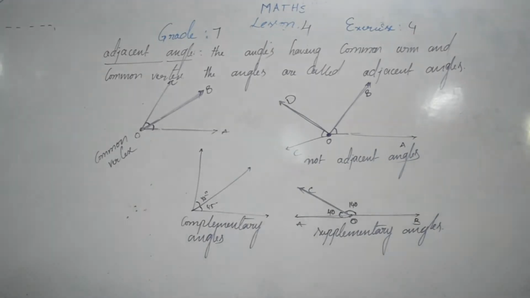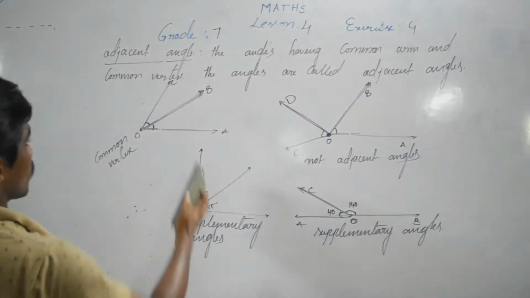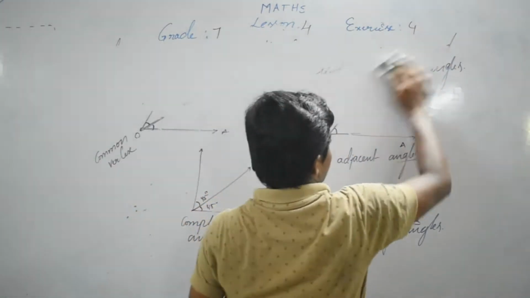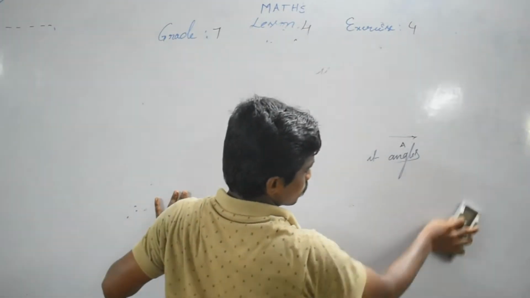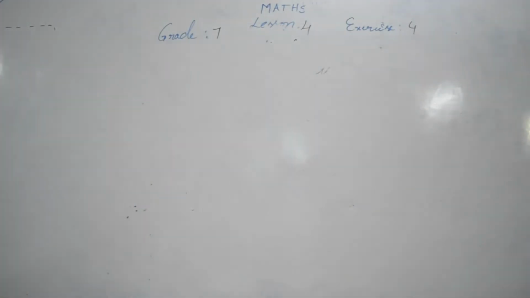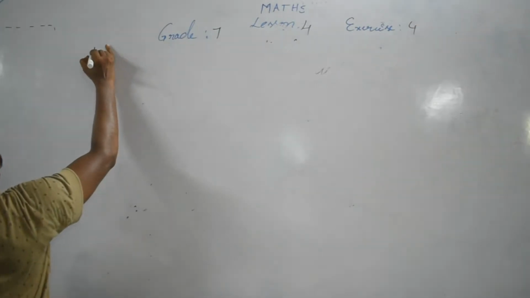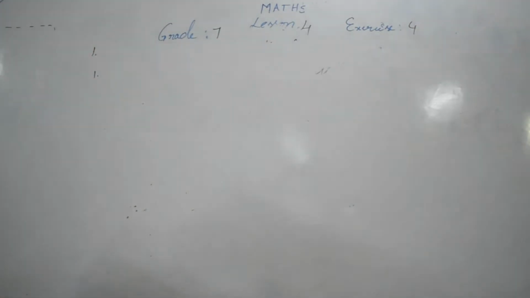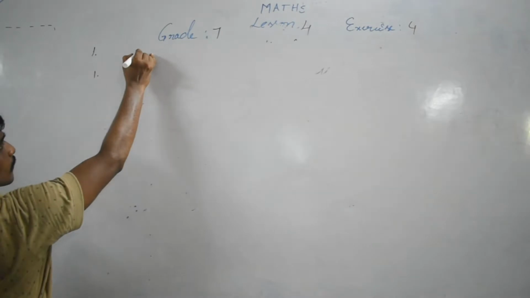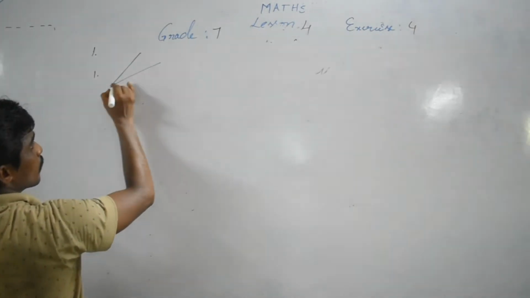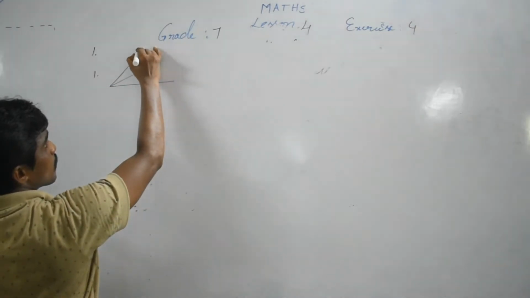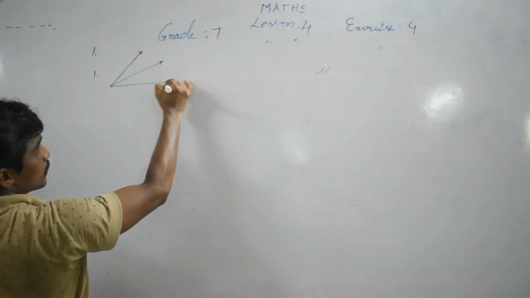See, next one, exercise 4. Like exercises 4, 5, 6. See, which of the following are adjacent angles, in the first picture? Given this.